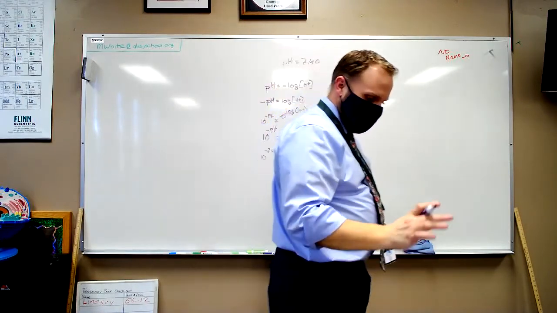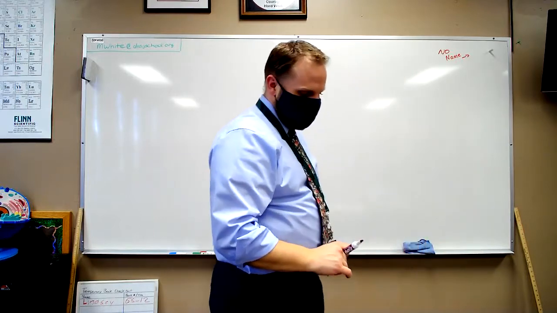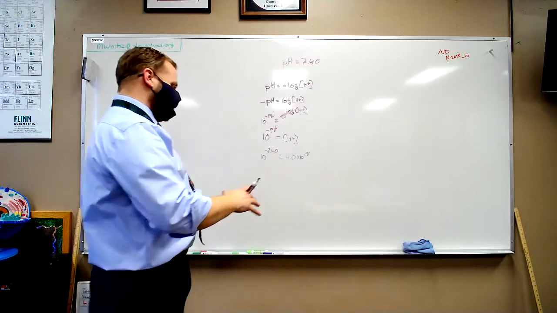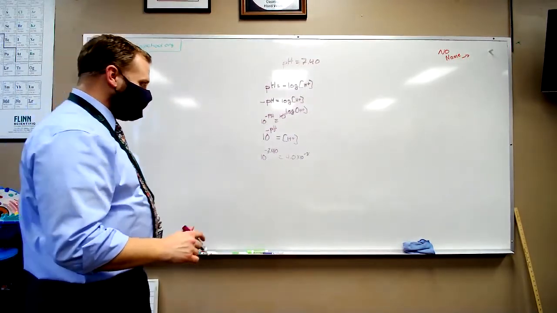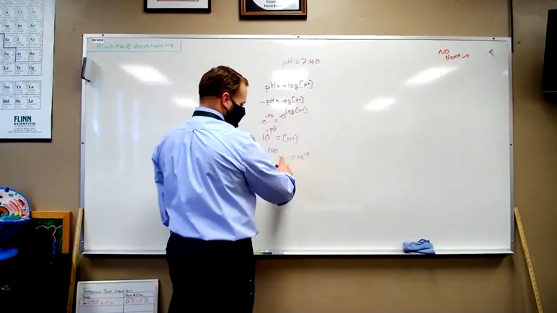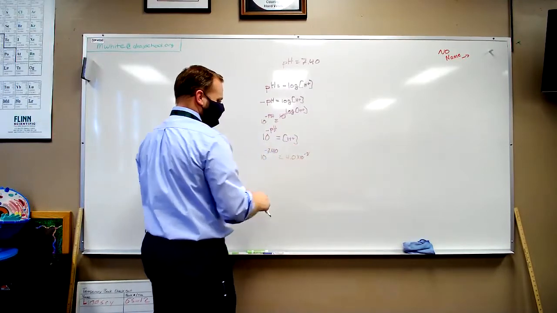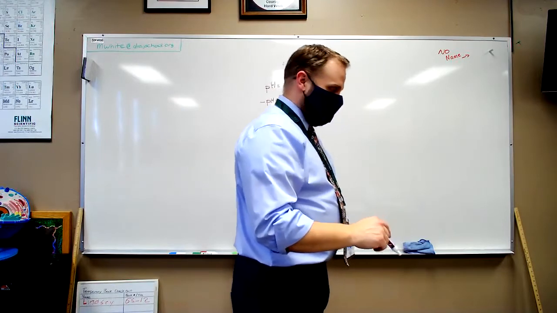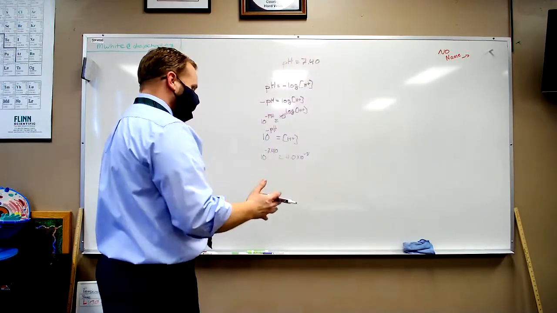Okay. It also wants us to calculate hydroxide. Now, once again, there are two different ways that we can do this. We can take this number and throw it into our KW, and that's completely valid.